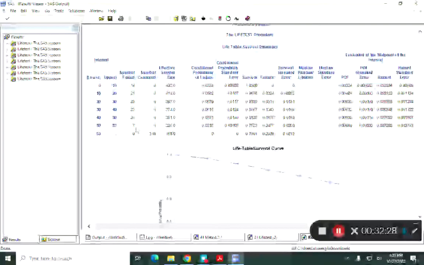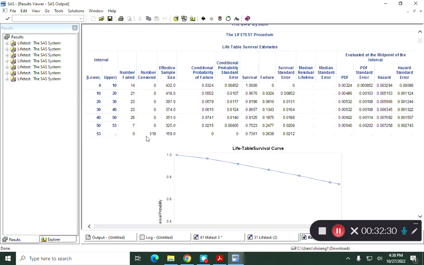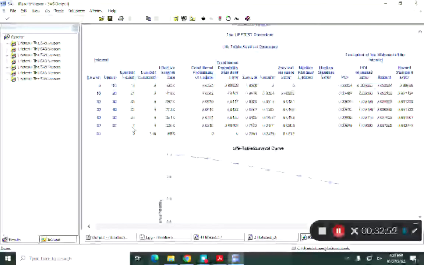So you need to say that I only know that, okay, I check on the first week, first 10 weeks, 14, 21, 23, 23, 26, 7, and 0. People, just by looking at this arresting record, okay? Do you think that there's a difference on when they get arrested?